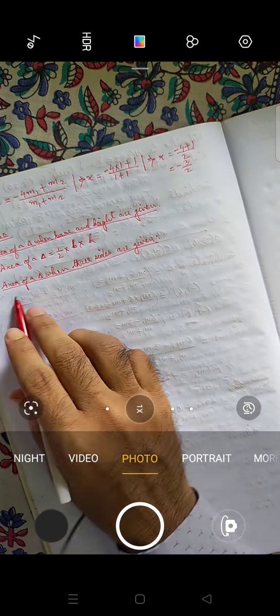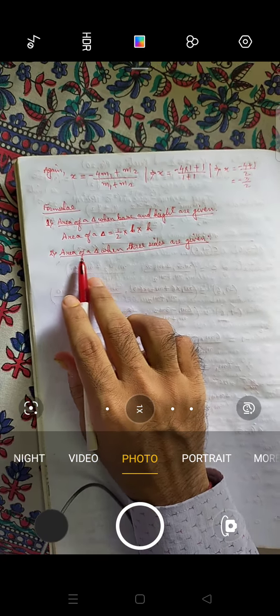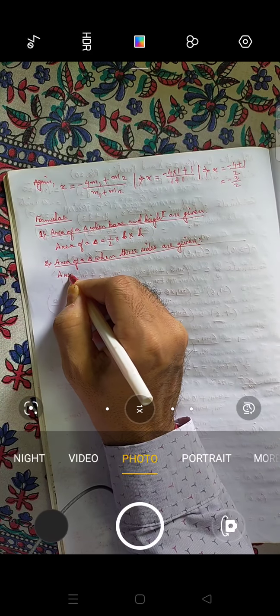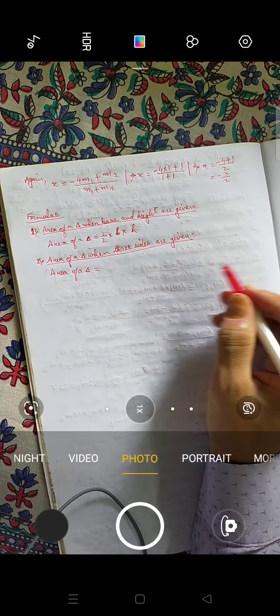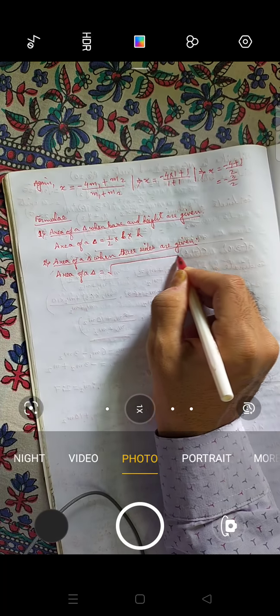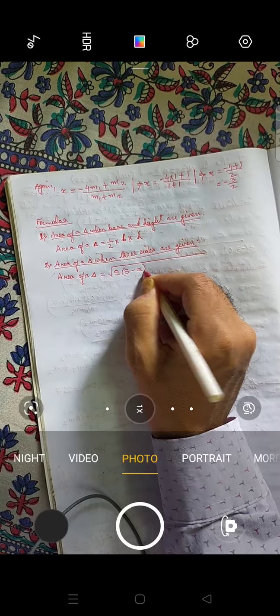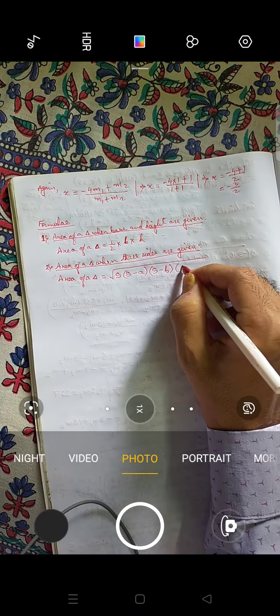Okay, you can write area of a triangle. You have written this, right? Area of a triangle when three sides are given. So next step, area of a triangle equals root over s into s minus a into s minus b into s minus c.